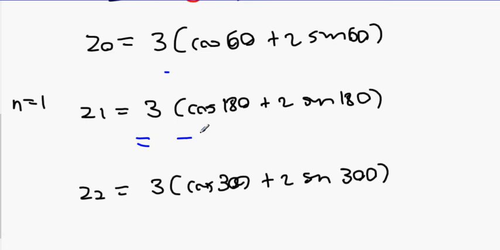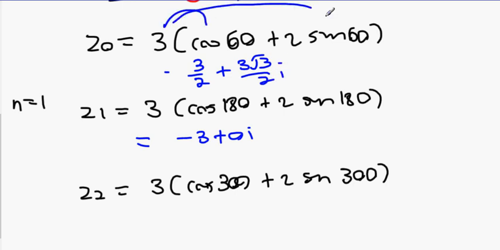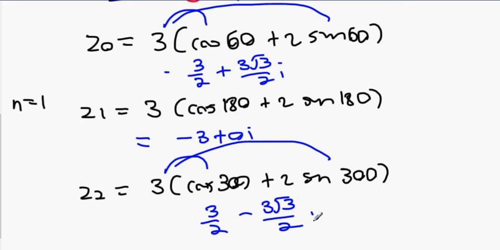This one here is minus 3 plus 0i. This one here is 3 over 2 plus 3 root 3 over 2 i, once you put it into the calculator, 3 cos 60 first and then 3 sin 60 second. The last one is 3 cos 300, which is once again 3 over 2, and then 3 sin 300 is minus 3 root 3 all over 2 i. So there are our 3 answers.